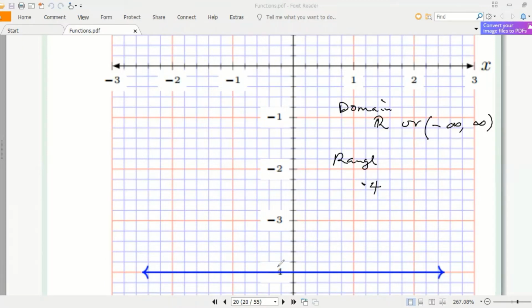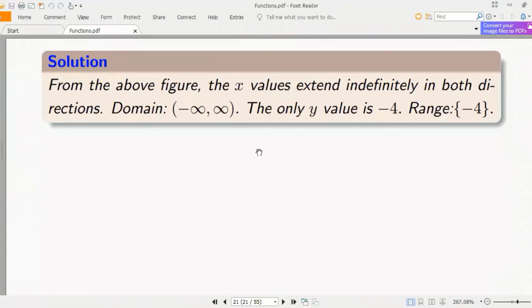I can only see negative 4 here as the only y value, and therefore the range would be the set comprising negative 4. That would be the range. So let's look at the explanation. That's what I've explained here: the only y value is negative 4, and therefore the range.